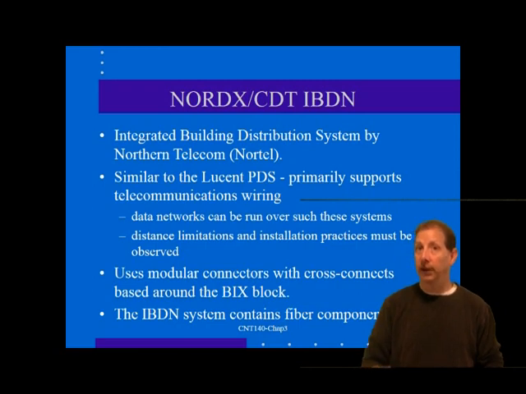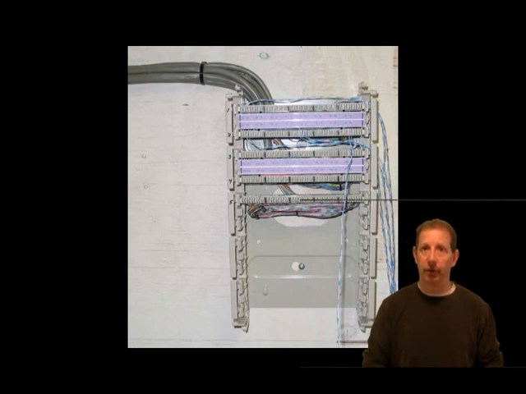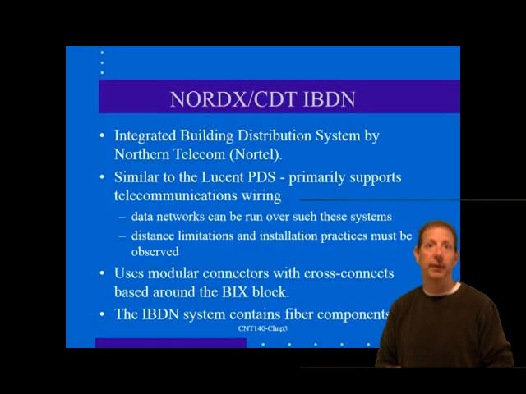As we saw with the PDS, data networks can run over these systems, but the distance limitations and other installation practices must be observed. The IBDN uses the common system of modular connectors with cross connects based around the BIX block.